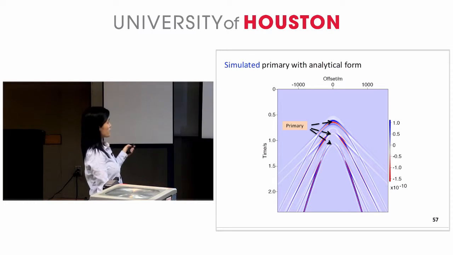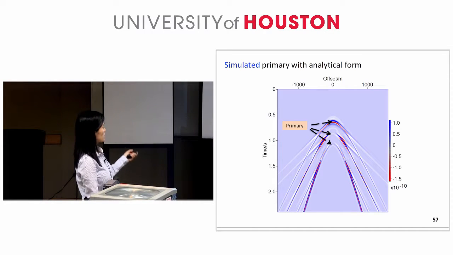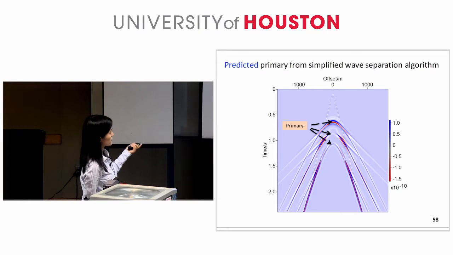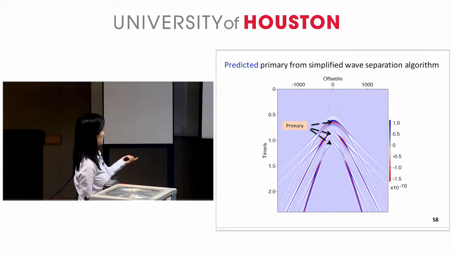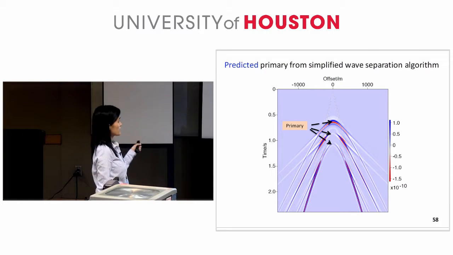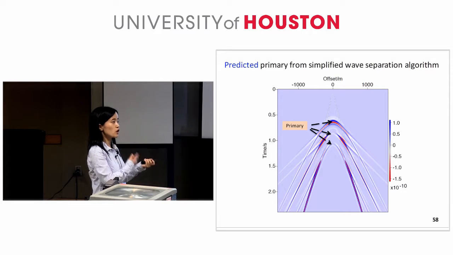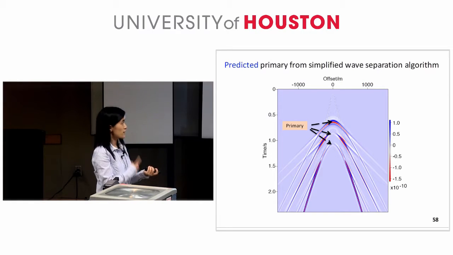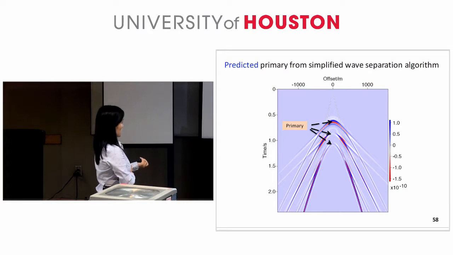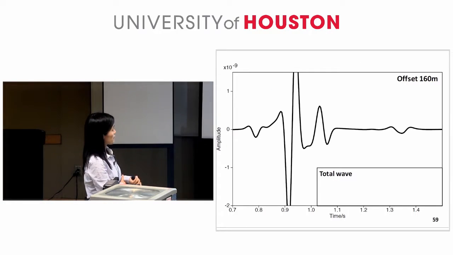Now, if we compare this most accurate result with the predicted result from this simplified wave separation algorithm, you can see the amplitudes match very well. So what does it mean? It means that this method has effectively separated the ghosts out from the data, and there is no damage to your primary data.